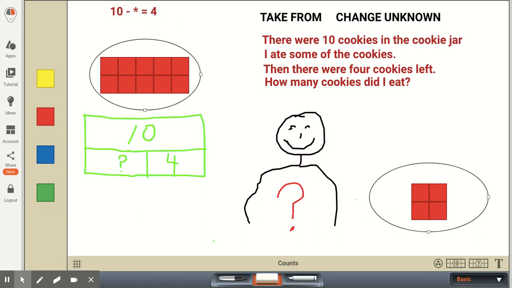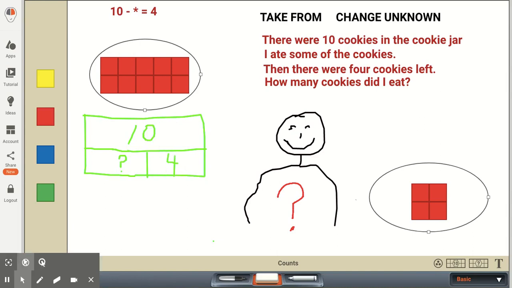So what I'm showing here, just like the last situation, using a part part total. The total is 10. That was our start. The change is one of the parts, and that's what we don't know. And the other part is what we're left with.